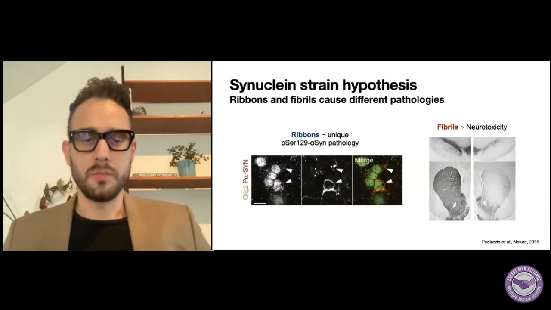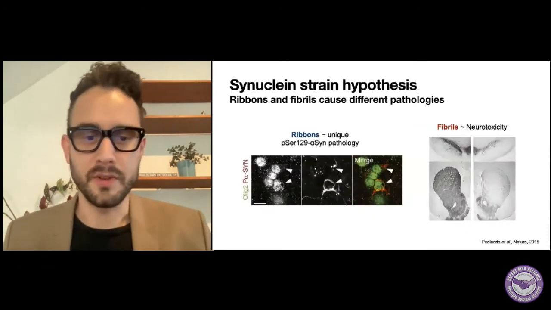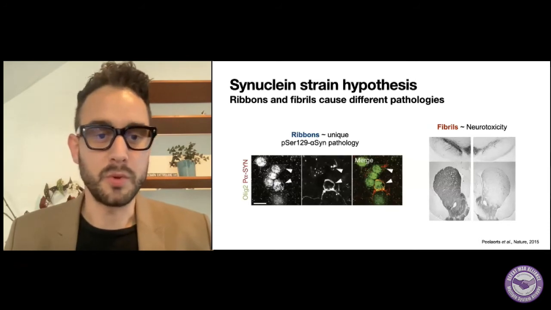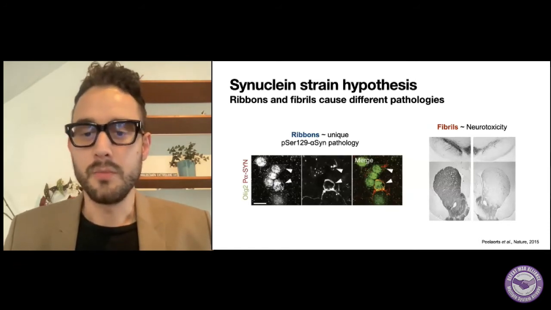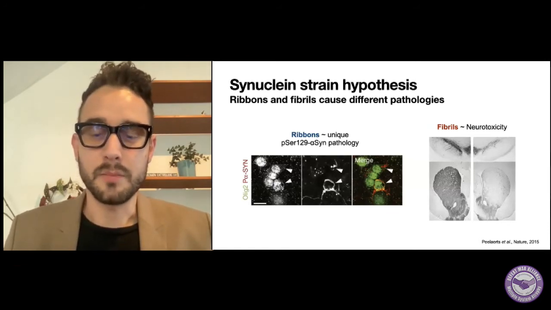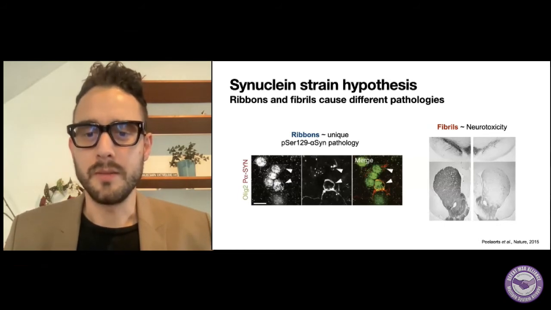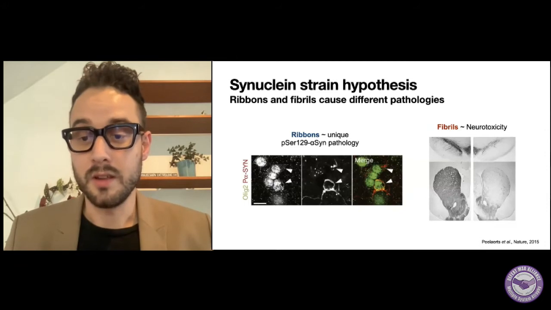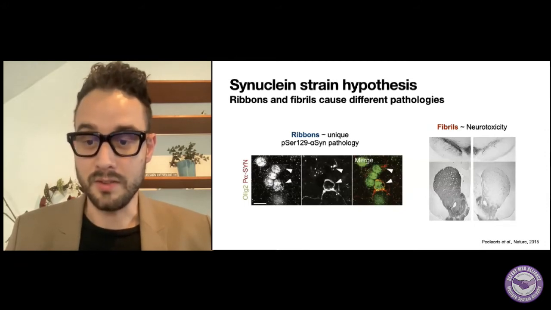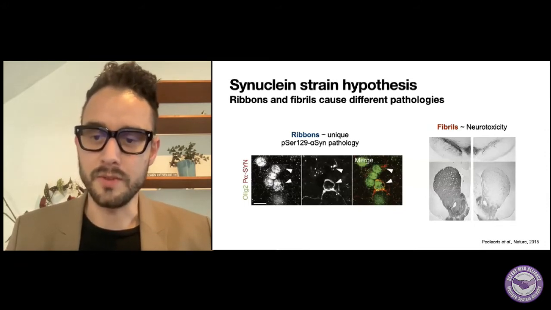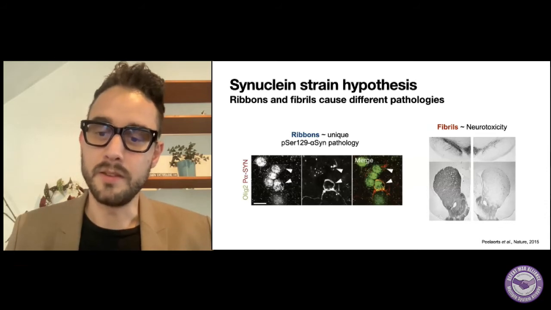And so by injecting these two different types of fibrils, which we also call strains, we found that the type 1 fibril caused neurotoxicity to such an extent that you can actually see here these pigmented neurons of the substantia nigra disappearing.